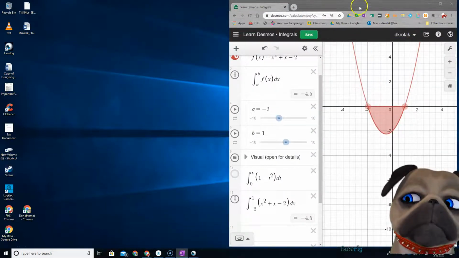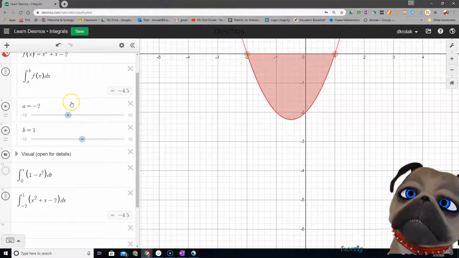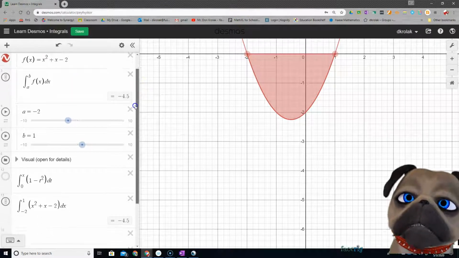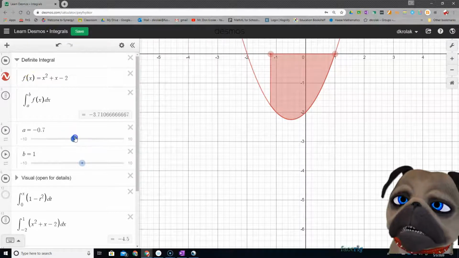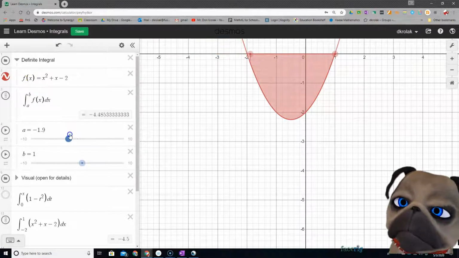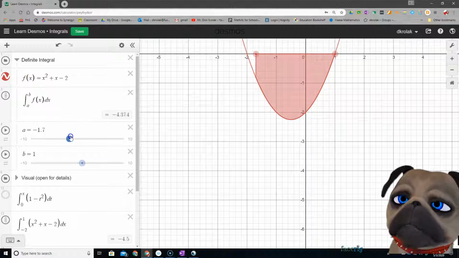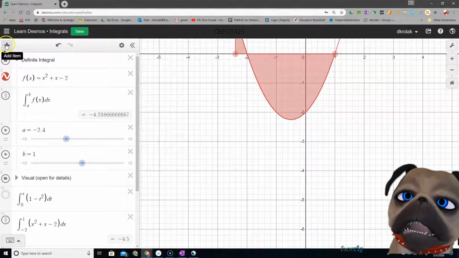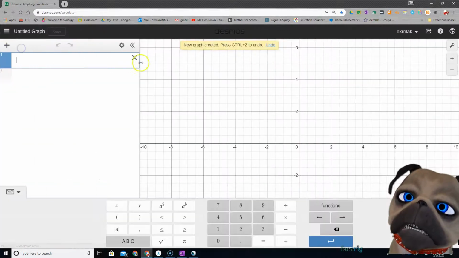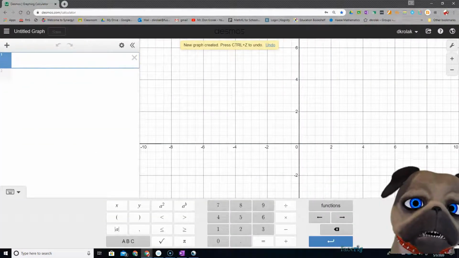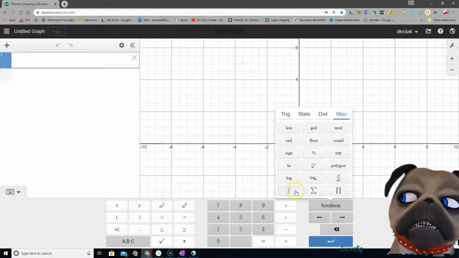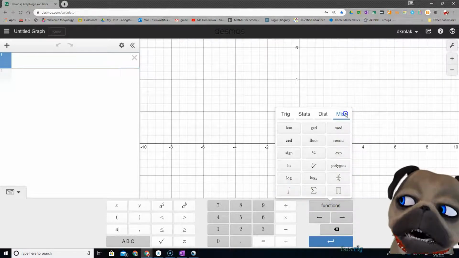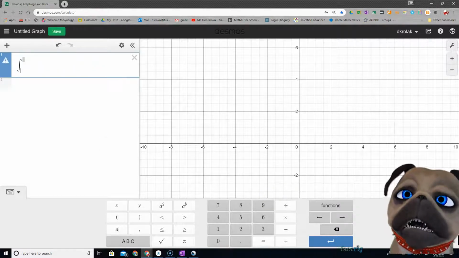So on Desmos, I shared this with you. Now you can integrate lots of ways. This allows you to type in the function and then use sliders to change the two bounds. Okay, you can always just open up any old Desmos and just type in the integral as well. To find the integration symbol on Desmos, it is under functions, and you click on miscellaneous.